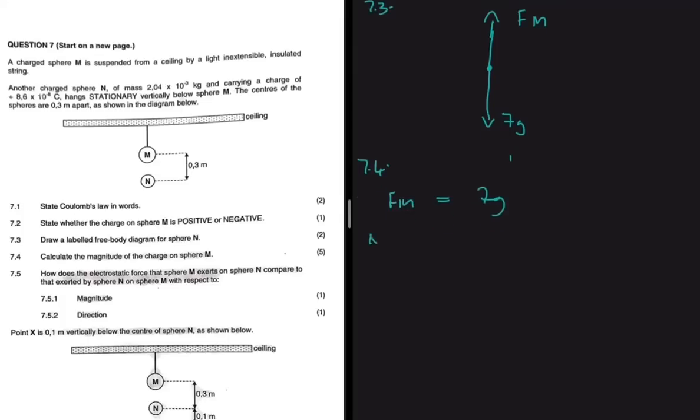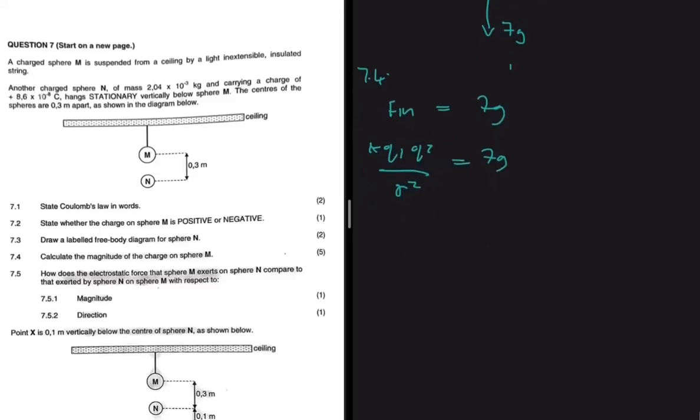We're going to have K Q1 Q2, everything divided by r squared, equal to Fg. K is a constant, 9 times 10 to the 9. Let Q1 be the charge we are given, so that is 8.6 times 10 to the minus 8, multiplied by Q2, the charge we're looking for, and everything divided by r squared.